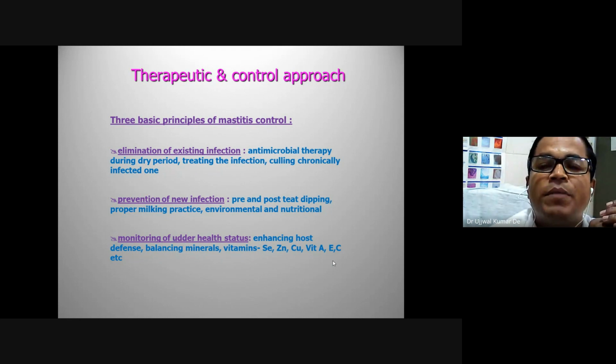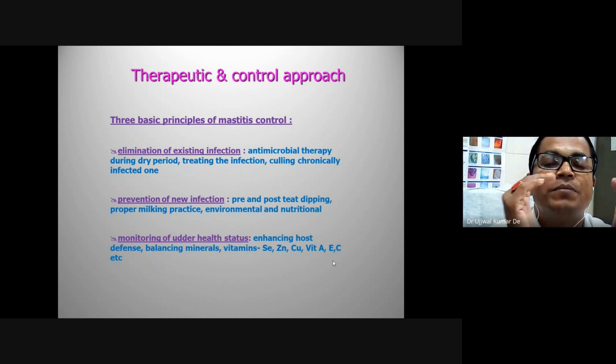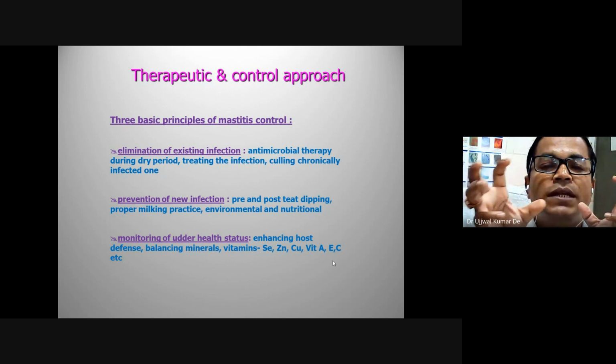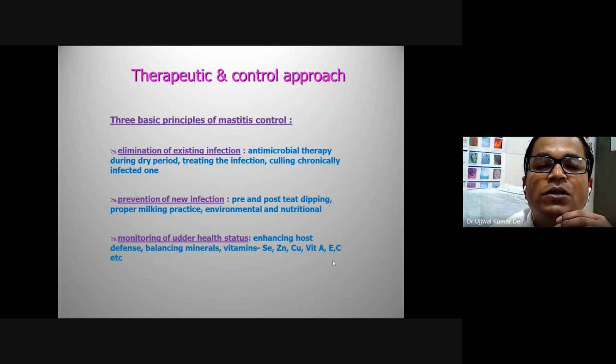If the number of cells is too low, then when the pathogen enters it can easily multiply. If the standard number of cells is maintained in the milk, then when pathogens enter, these cells will kill the pathogen. So a certain number of cells must be there in the body.